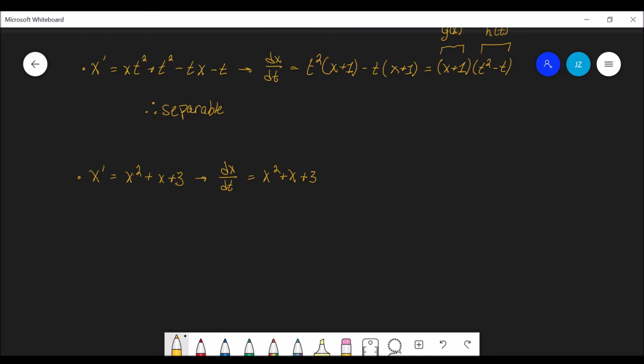Now it may not seem like we have a function of t. However, remember, if we multiply anything by 1, it doesn't change. So now we can say this is a function of x, and 1 is our function of t. Therefore, this equation is also separable.